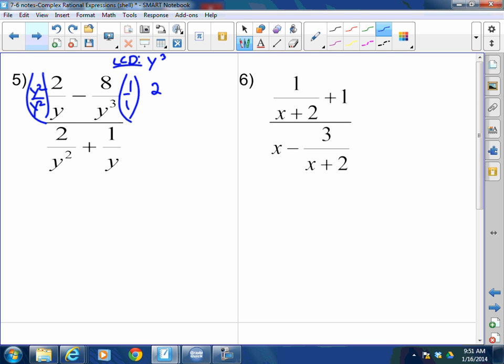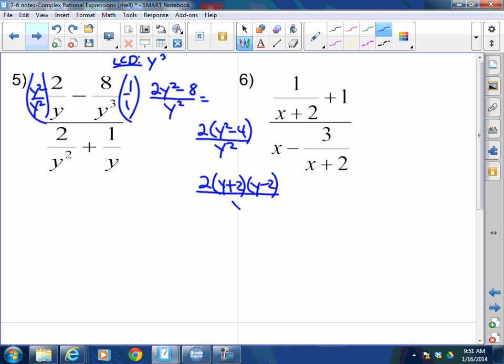So I got 2y squared minus 8 over y cubed, which would be 2y squared minus 4 over y squared, which, okay, now that we're on this track, 2y plus 2, y minus 2 over y squared. Bam, that's as simplified as I can get it. Yes, sir.